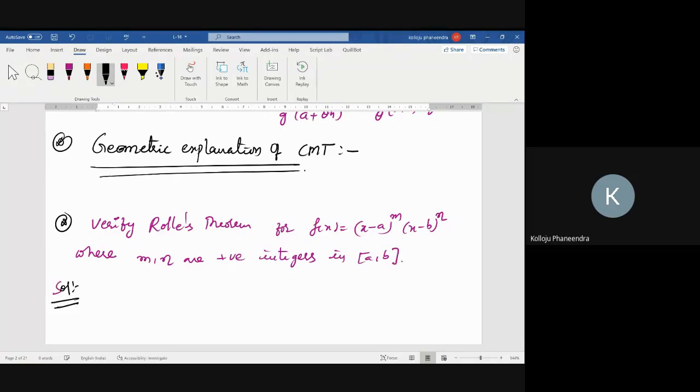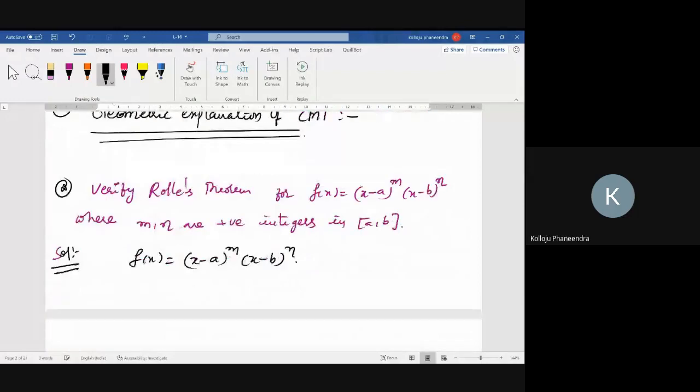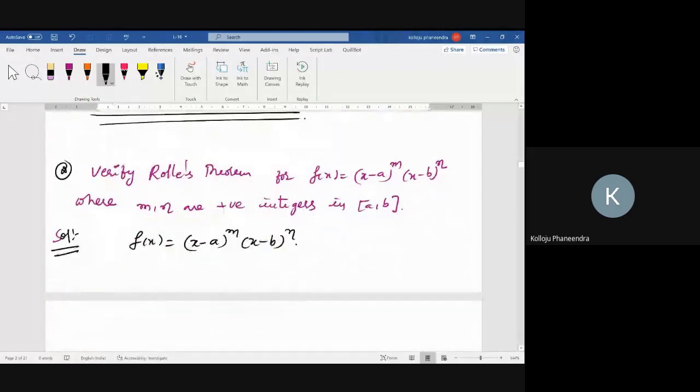Solution. What is this function? f of x equals x minus a whole power m into x minus b whole power n. See, if I expand this function, in the first term x power m is there, in the second one x power n is there.